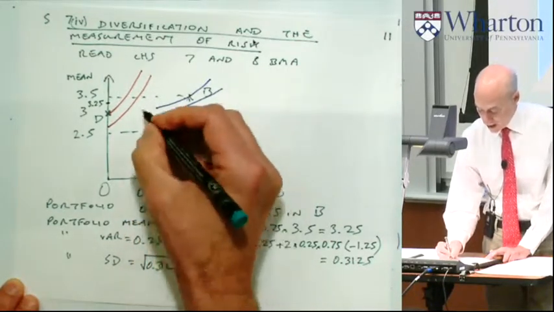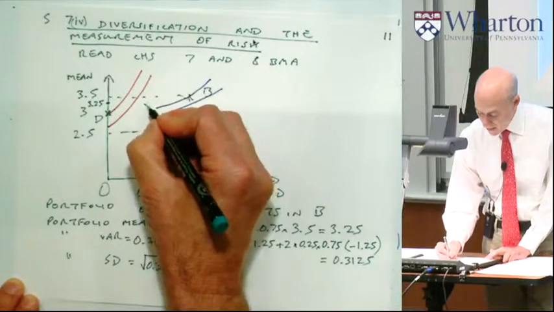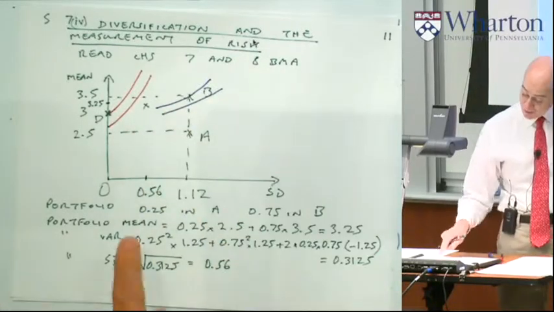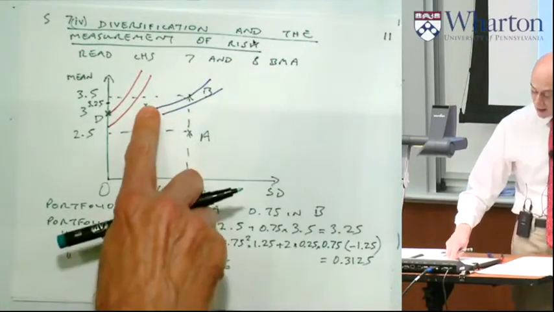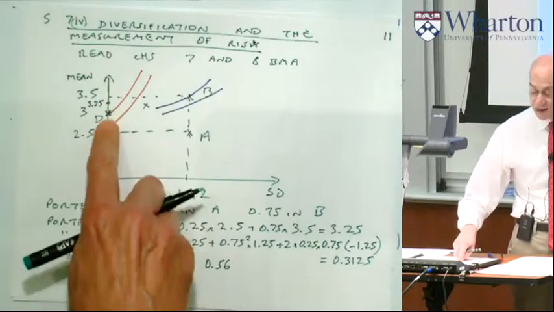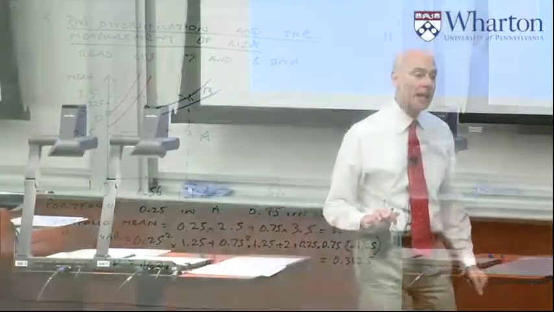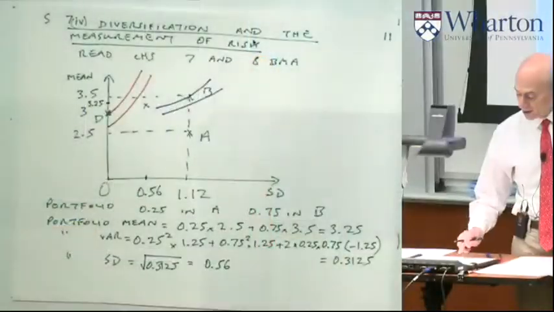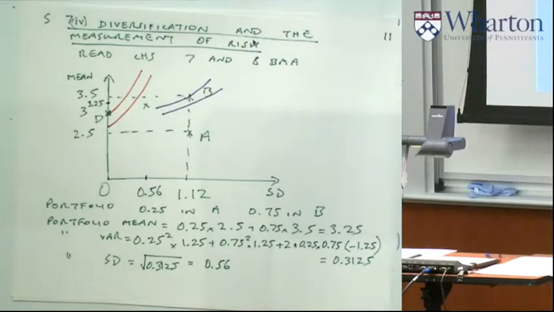So our point here of 0.25, 0.75 is somewhere like this. It's halfway between 3 and 3.5, and halfway between 0 and 1.12 at 0.56.